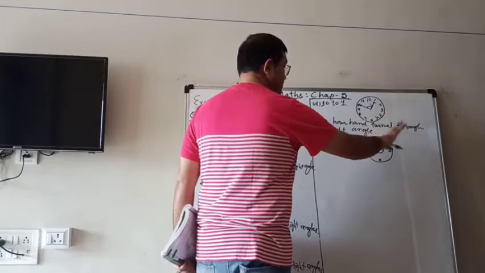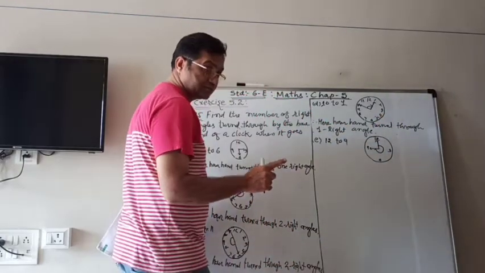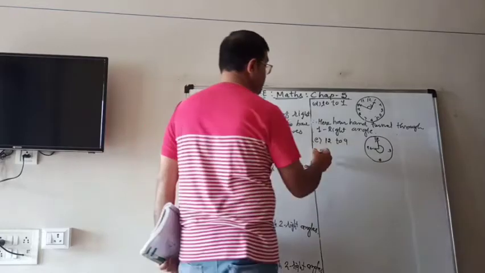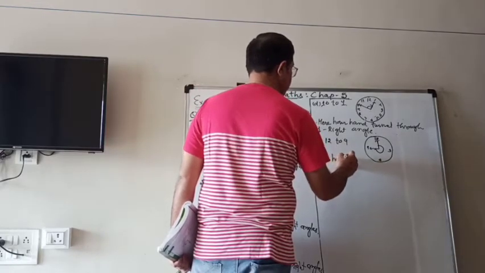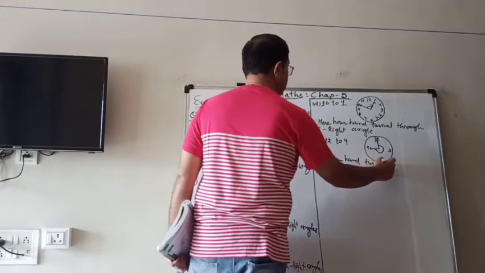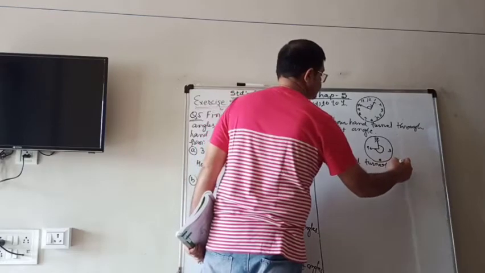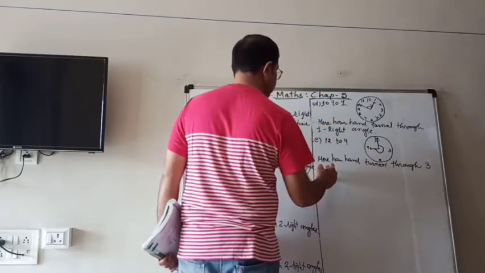So how many? 3/4 of the revolution. It means it makes 3 right angles. So here the hour hand turned through 3 right angles.